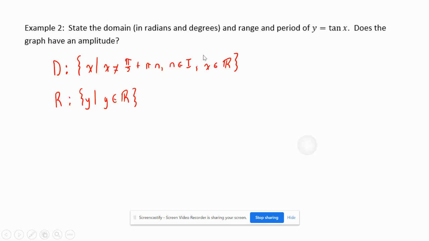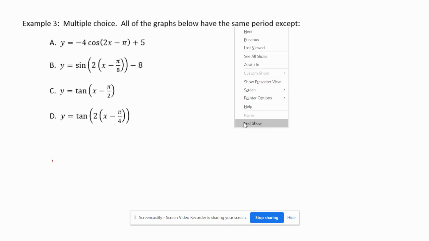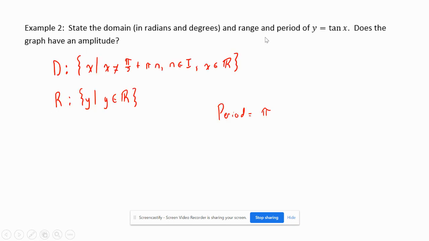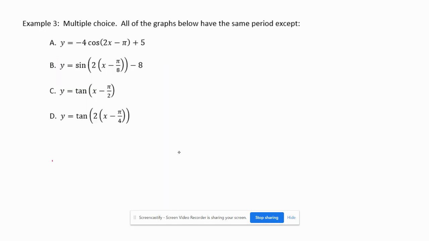So the period equals pi. Last thing, does the graph have an amplitude? So no, the graph does not have an amplitude. And the reason is because there's no max or there's no min. Since the graph goes up forever and down forever, that means there's no min or max value.